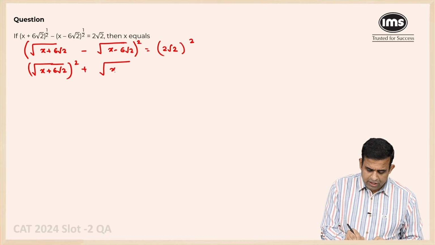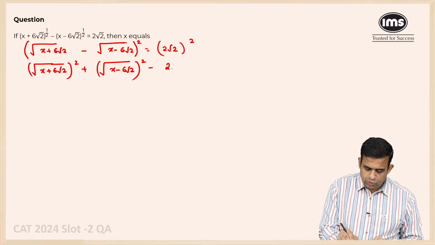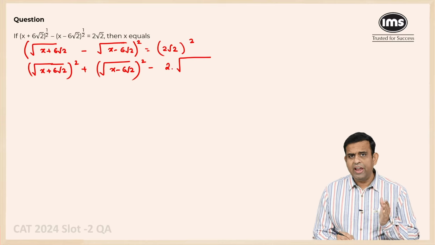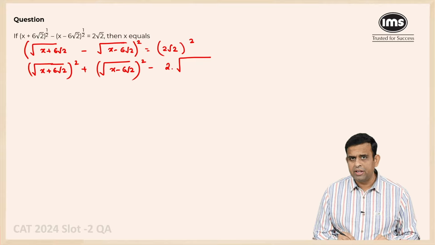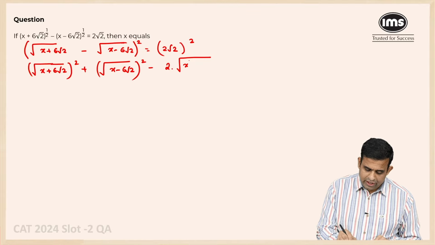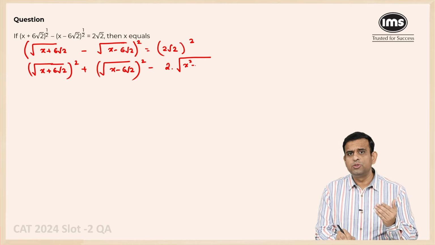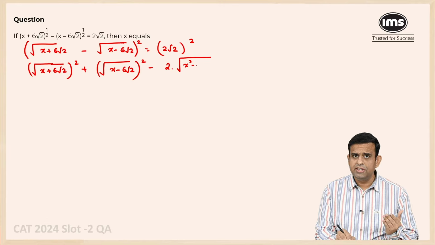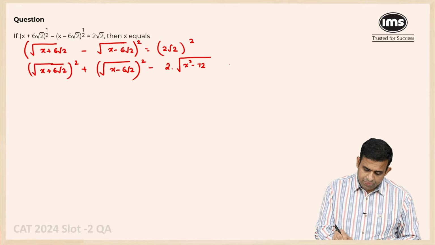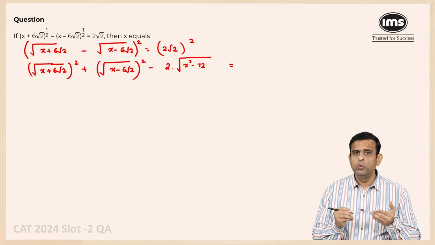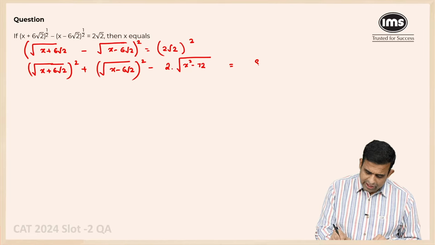Plus root of x minus 6 root 2 whole square minus 2 times root of x plus 6 root 2 into x minus 6 root 2, which becomes x square minus 6 root 2 square, which is 36 into 2, which is 72. And this would be equal to 2 root 2 square, which is 8.